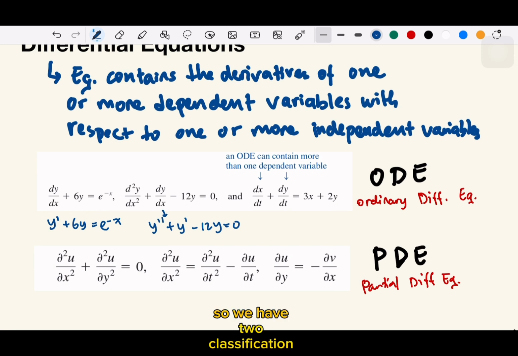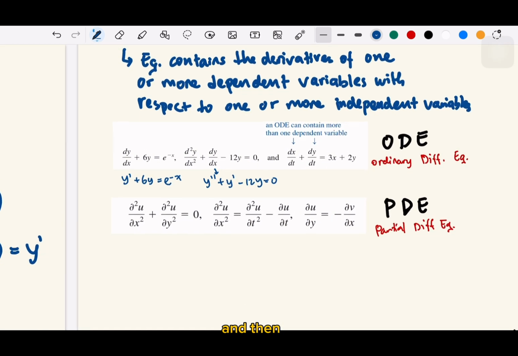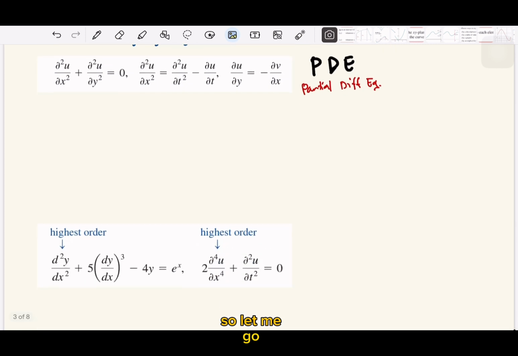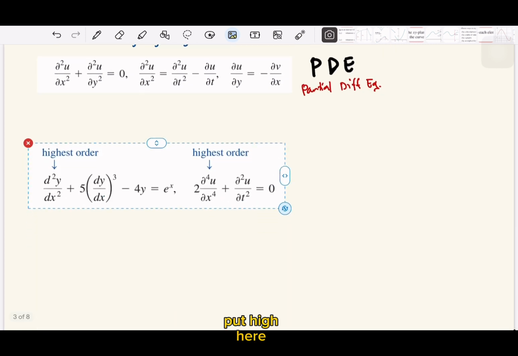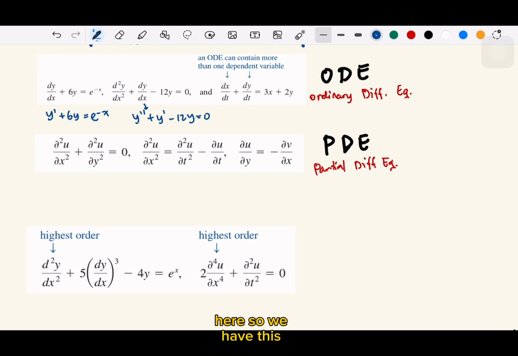So we have two classifications in general for differential equations. We can also take a look, as I mentioned, at different orders. So let me put it here. For example, if we have this kind of equation here, this is the second order.